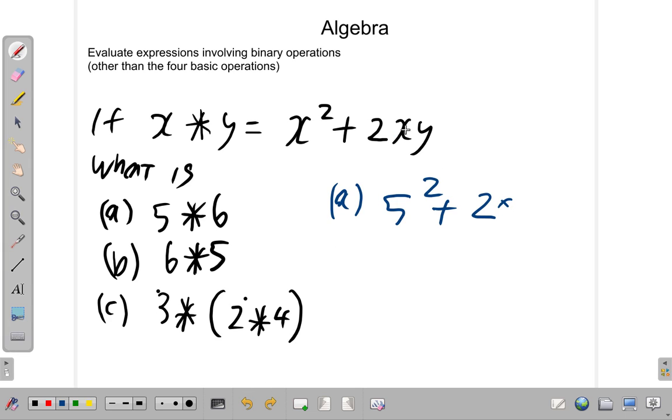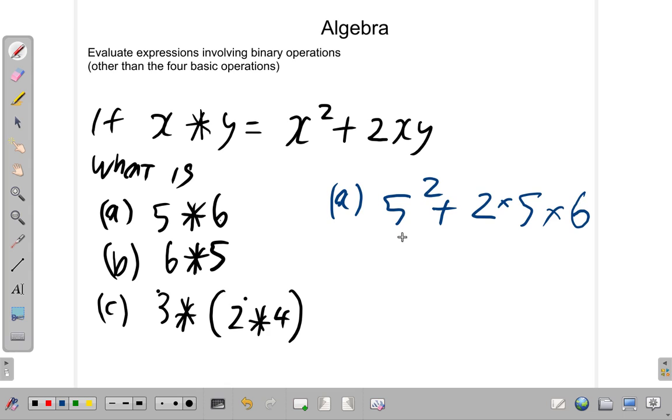X means the first number you see. 5 is the first number that you see here, looking from left to right. So it's 2 times 5 times the y. Notice y is here and y is at the end. Follow the pattern. 6 is here at the end, so 6 must be here times 6.